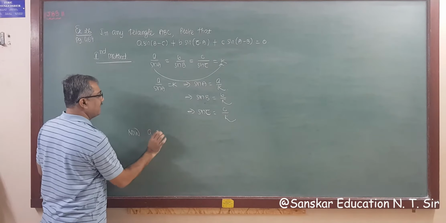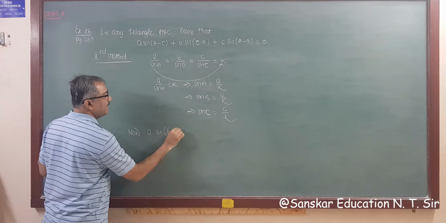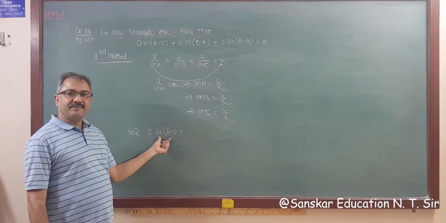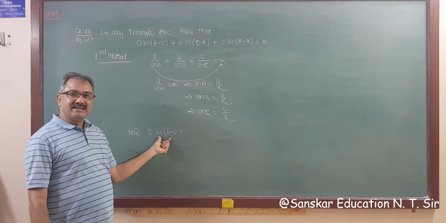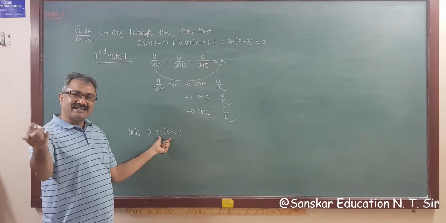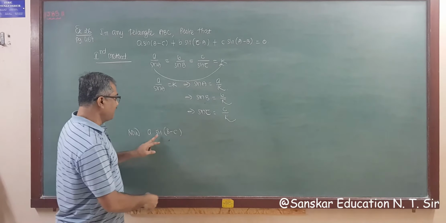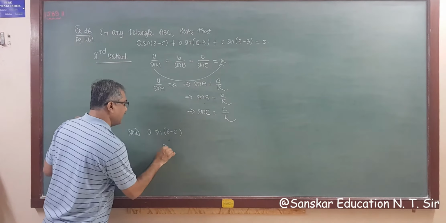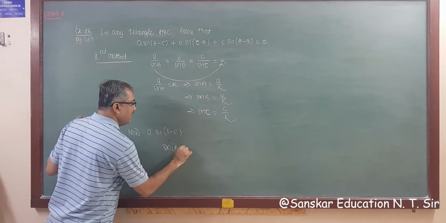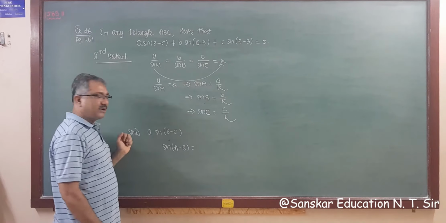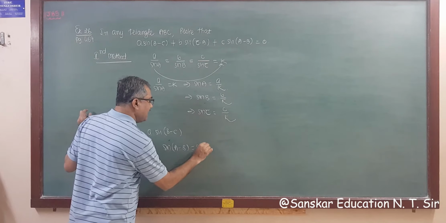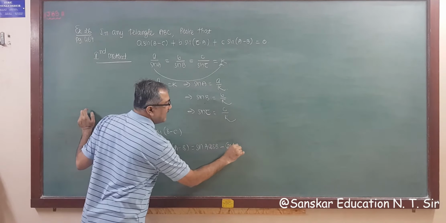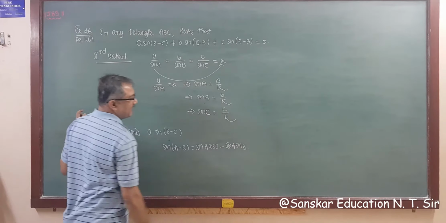A sine B minus C. Now we have the formula for sine B minus C. Right? Sine means same. So the formula for this, sine A minus B, that you know, sine A minus B is equal to sine A cos B minus cos A sine B. This is the formula.